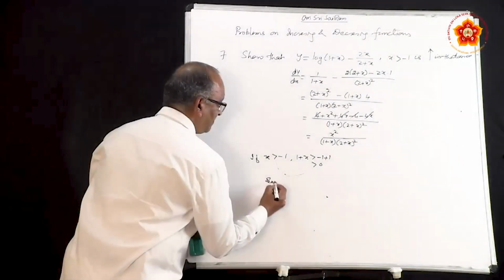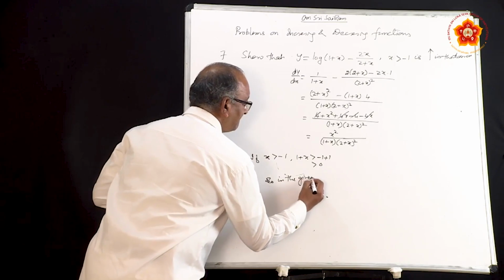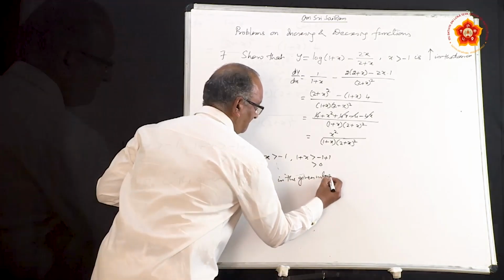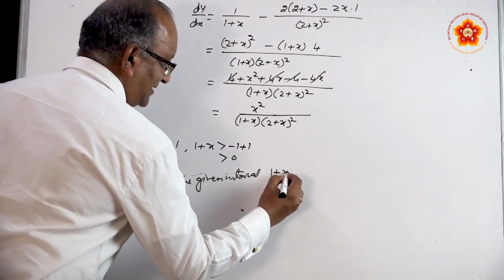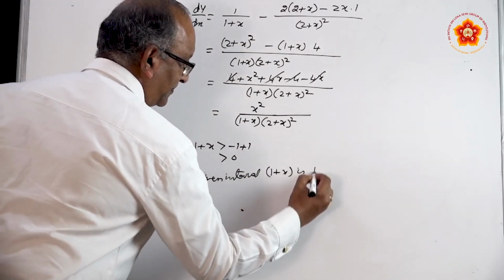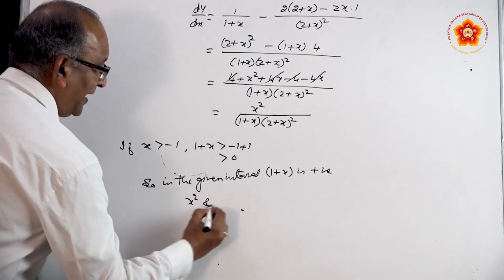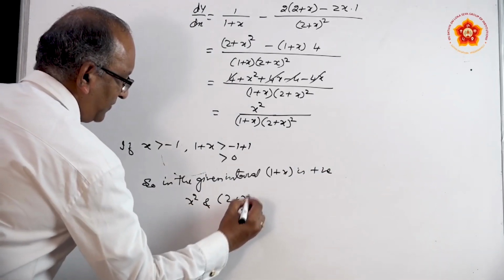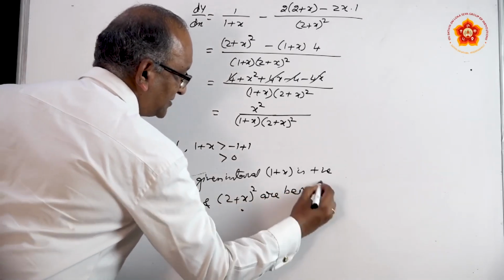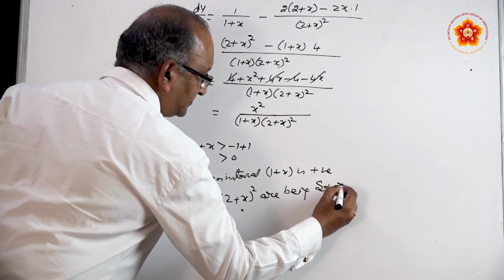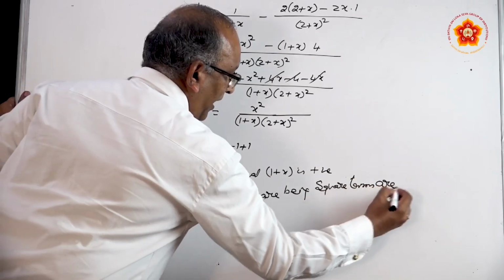So, in the given interval, 1 plus x is positive. x square and 2 plus x whole square, being square terms, are positive.